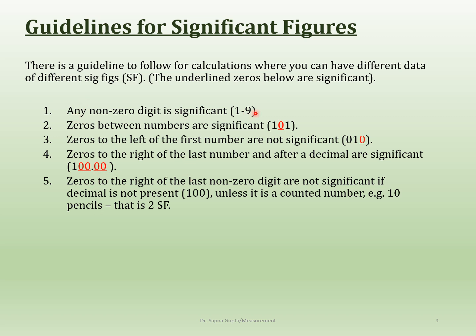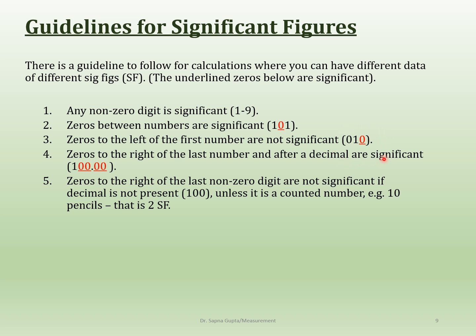Any number that's non-zero is definitely significant. If you have a 0 between numbers, that is significant. If you have a 0 to the right of a number, then it may not be significant, depending on the decimal point, so we have to look for the decimal point.